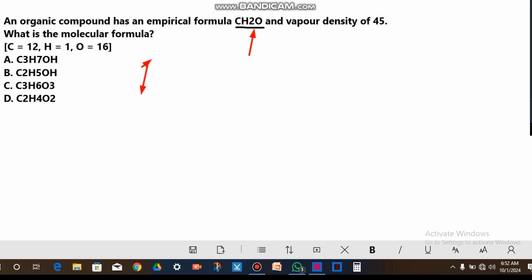So let's continue. This is the given empirical formula, right? Let's write it out. CH2O, then you bracket everything, then X, then equal to this 45.